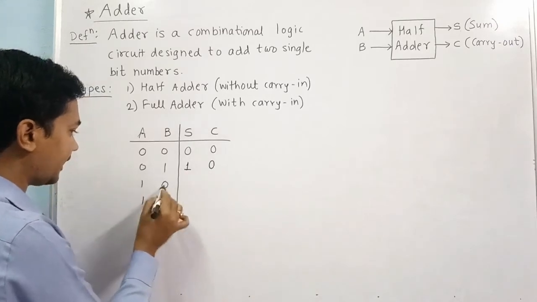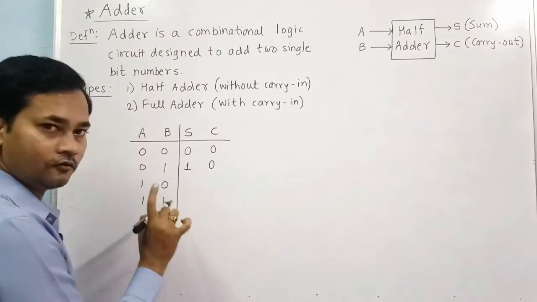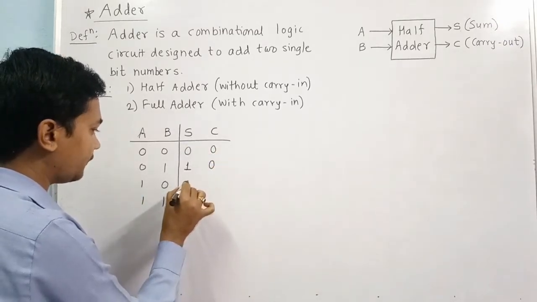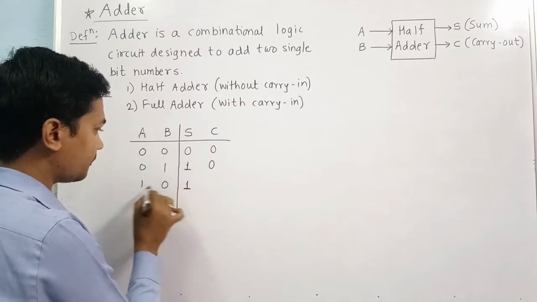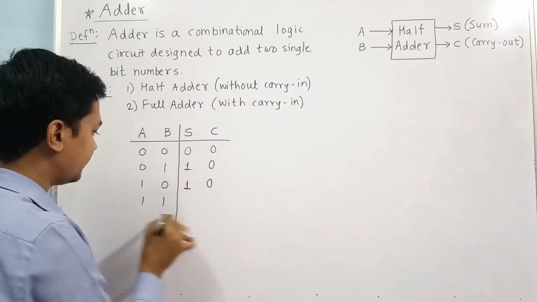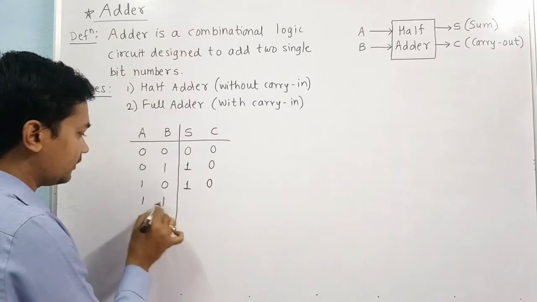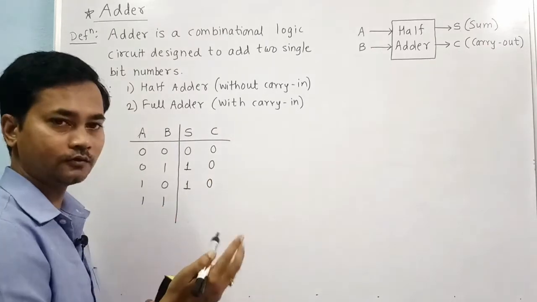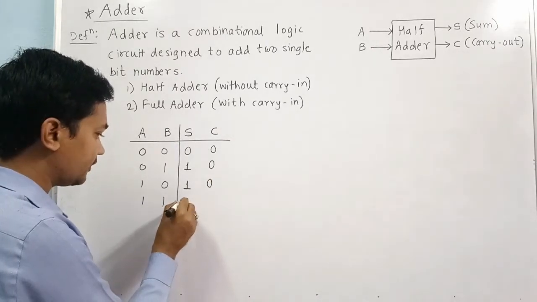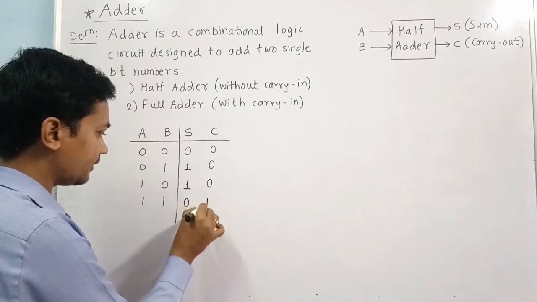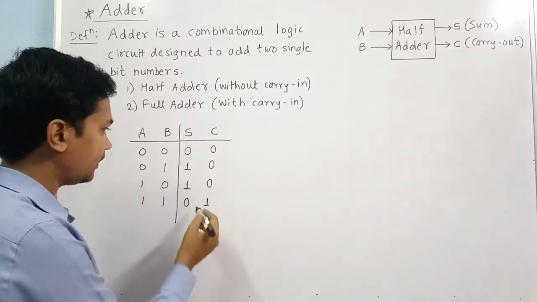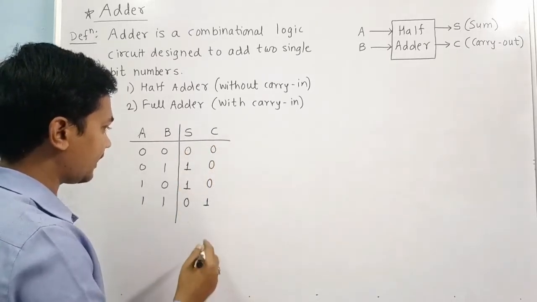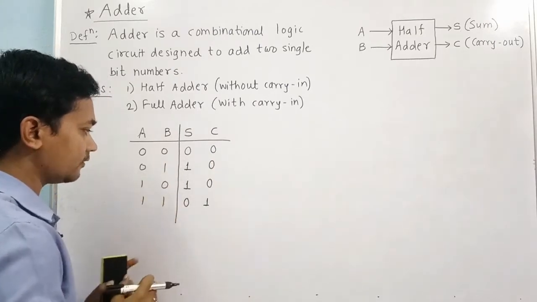Then for the third addition, 1 plus 0 is 1, so the sum will be 1, but no carry is generated from this addition. Then 1 plus 1 is 2, so how to write 2? 2 means sum is 0 and carry is generated here. This way the sum and carry are obtained from this 2 bit addition.